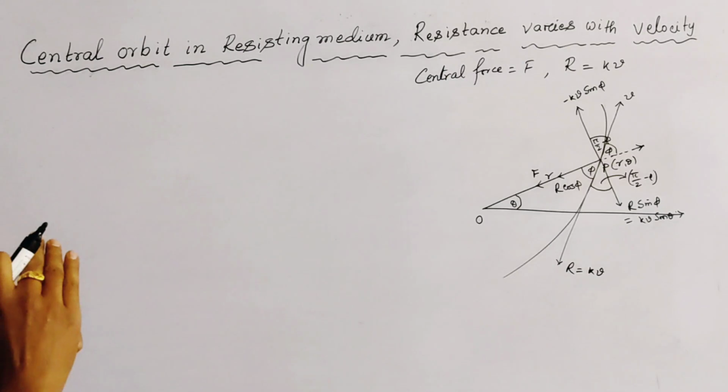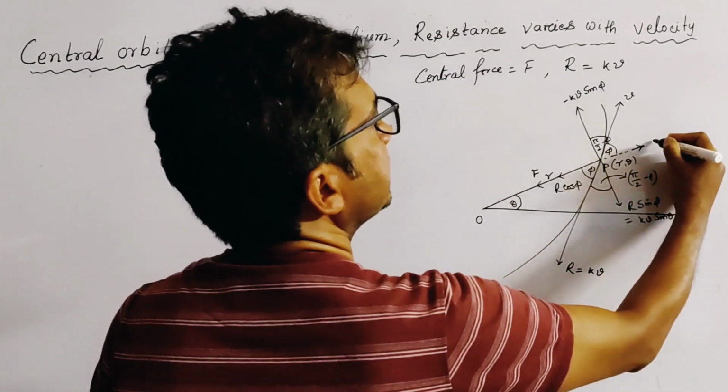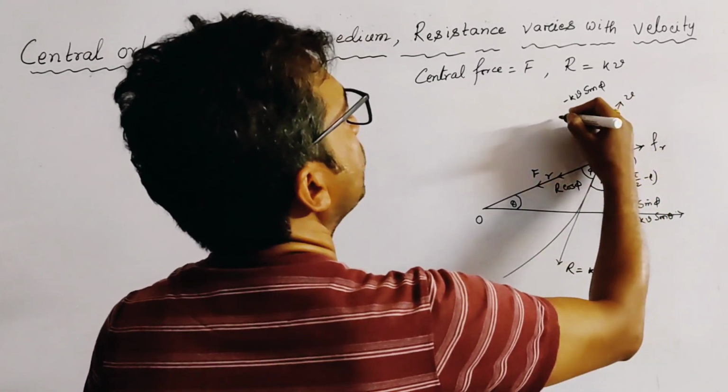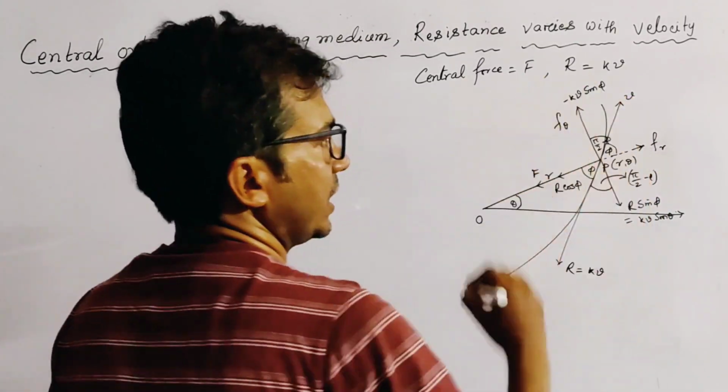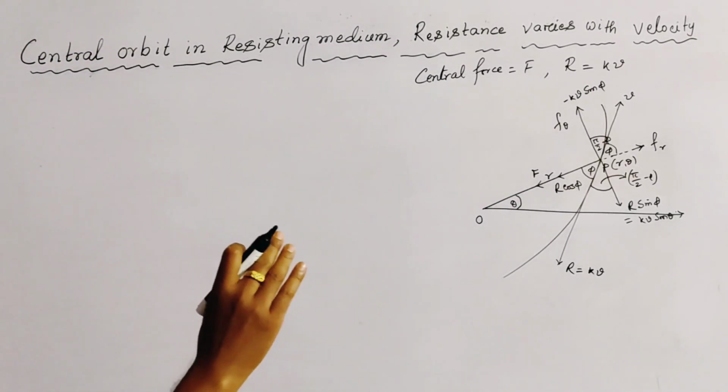If there were no resistance force, the radial acceleration Fr and cross radial acceleration F theta would give the equations of motion.